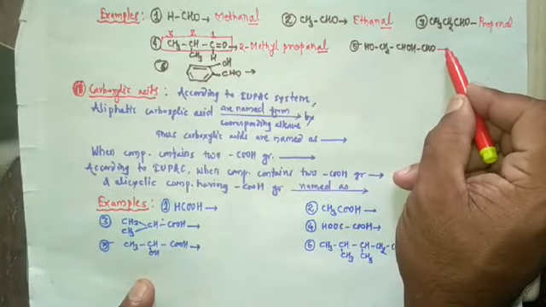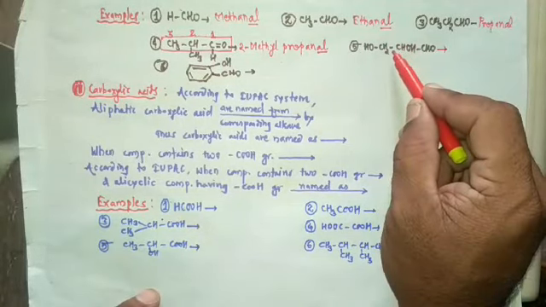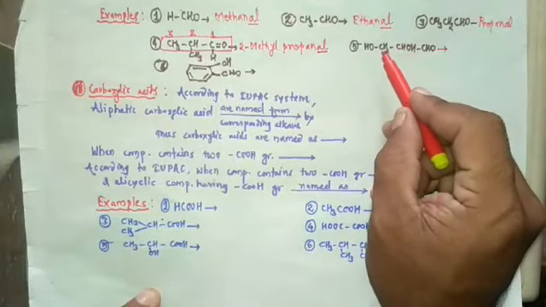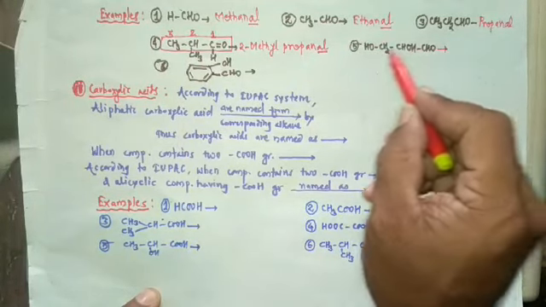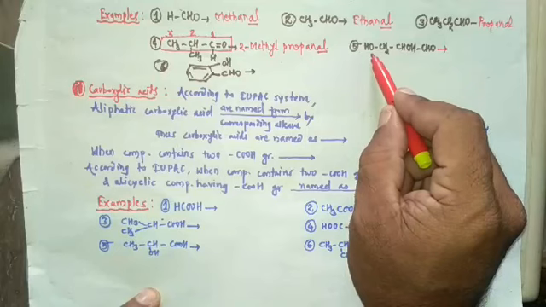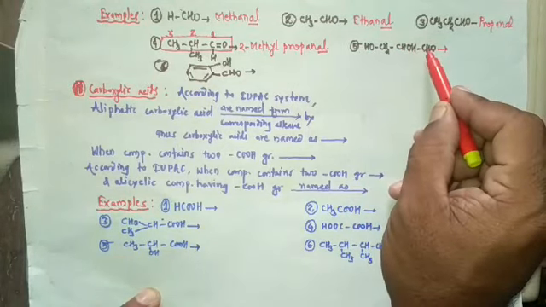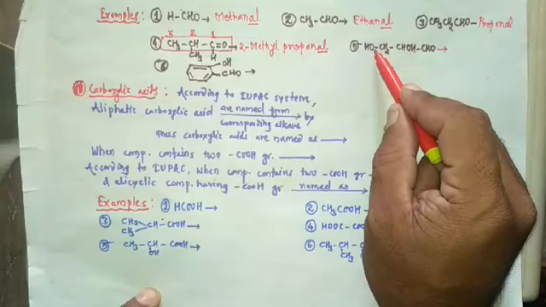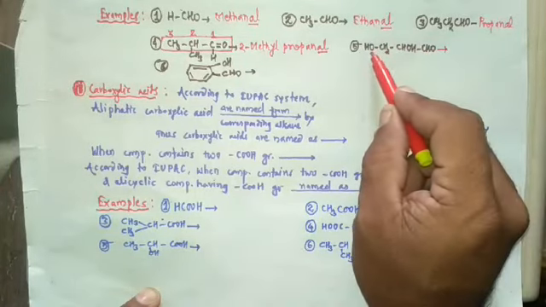Then take the next compound. It contains two functional groups: the first is the aldehyde group, and the second is the hydroxyl group. According to the seniority list, the aldehyde is the principal functional group and the hydroxyl is the subsidiary functional group.